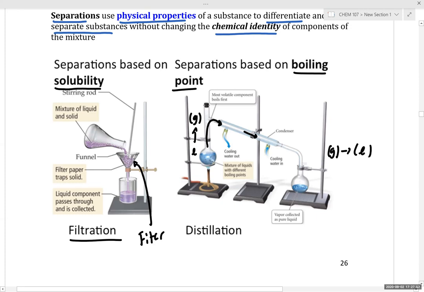This is a common method of preparing concentrated alcohol, such as whiskey or vodka, where you're distilling off a mixture and collecting the relatively pure alcohol. And again, this is a separation based on boiling point, while filtration is a separation based on solubility. So we use these separation techniques, we use physical properties in our day-to-day lives.